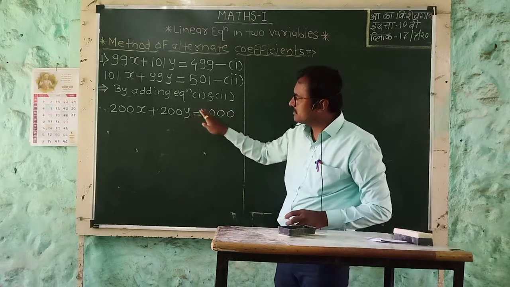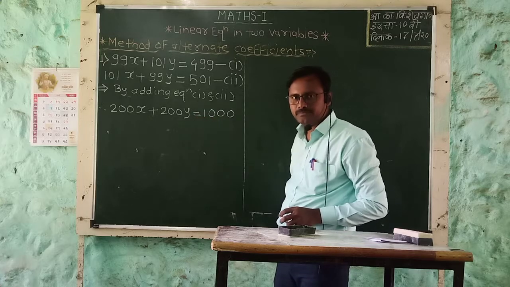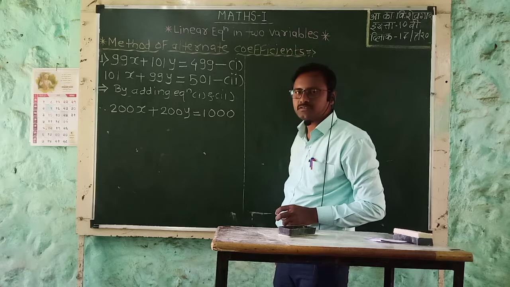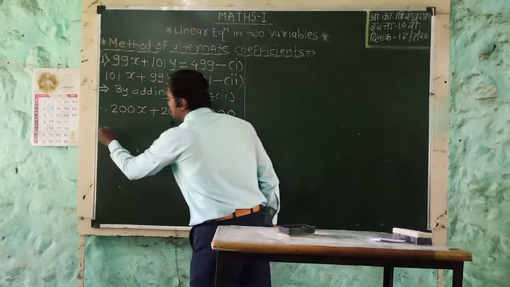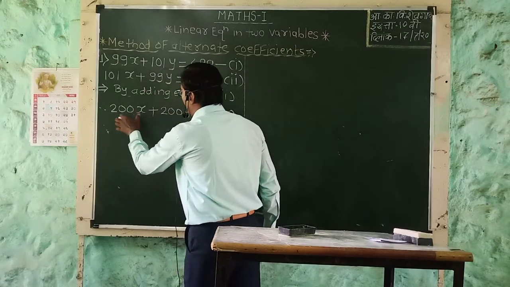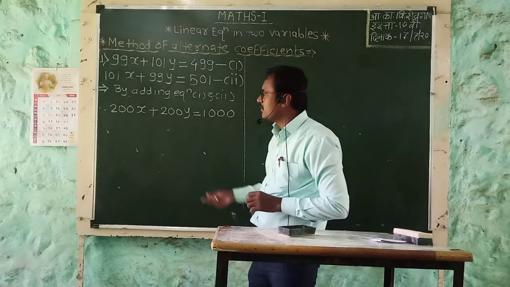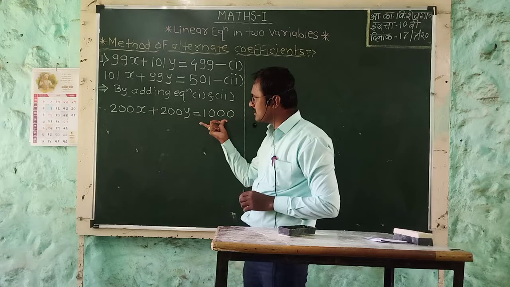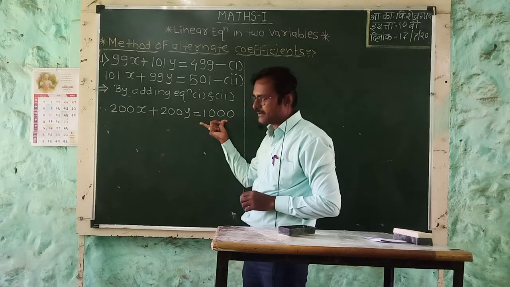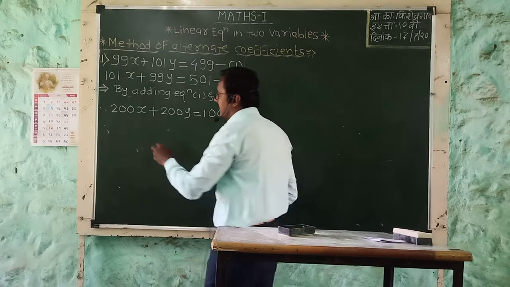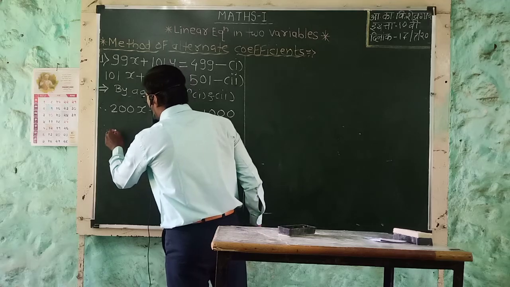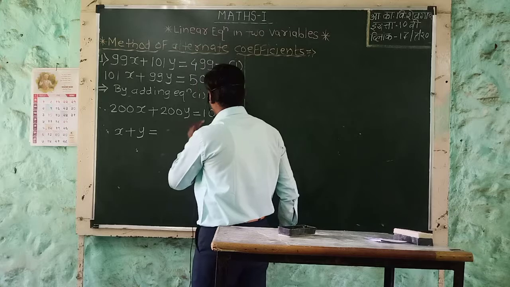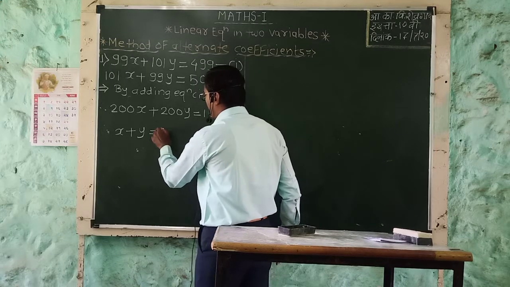I am going to simplify this step. That is equation 3. So by dividing both sides of this equation by 200, we get x plus y is equal to 5.